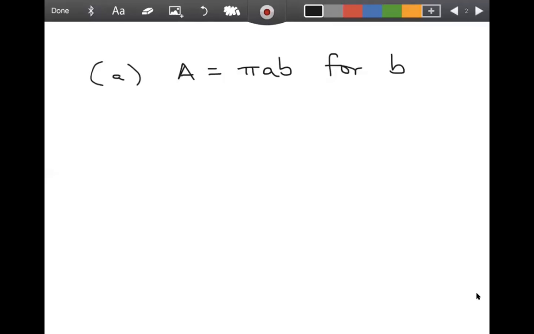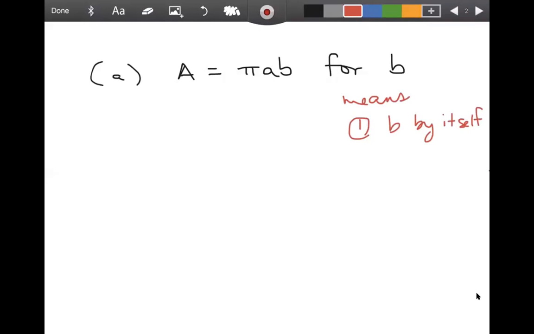When we say solve for B, what that means is, whoops. Okay, usually I have pretty decent handwriting, but not always on the tablet. Okay, you have to, number one, get B by itself.